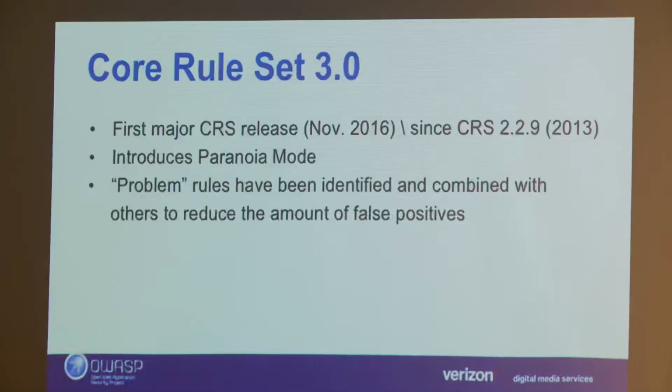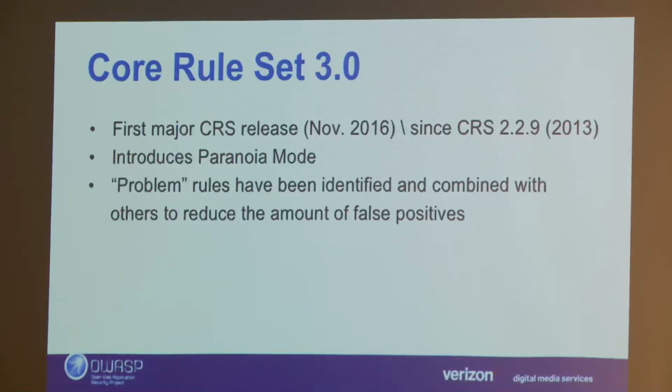What they introduced here is paranoia mode. We'll explain that in detail, but paranoia mode is basically another way to reduce false positives, in addition to the anomaly scoring that we have used. They also removed some of the problematic rules, like the infamous one that I showed earlier. Some of them are gone, and they're actively working on it, and that's where you can contribute.